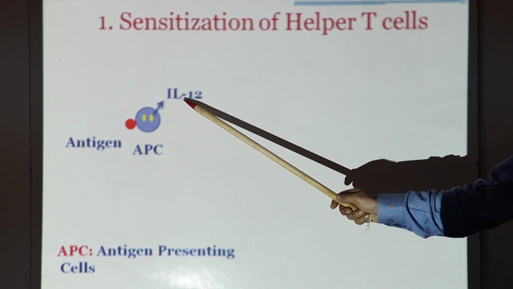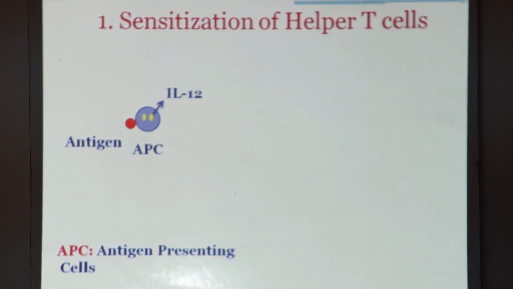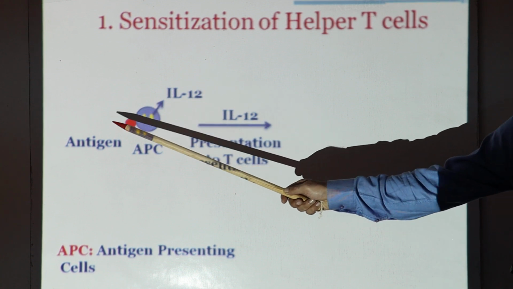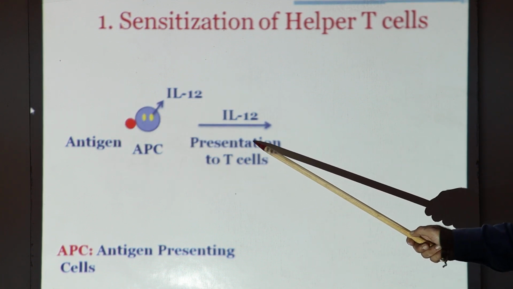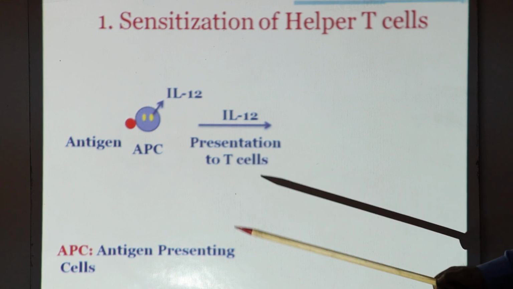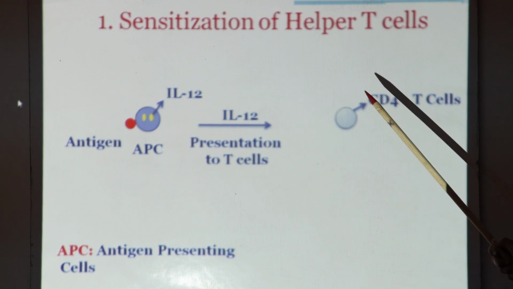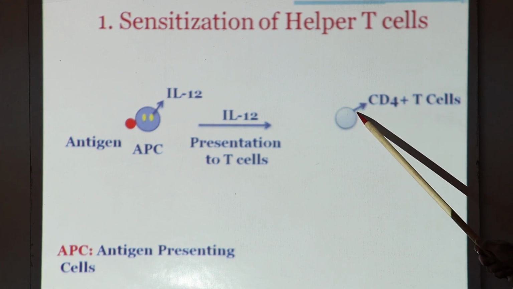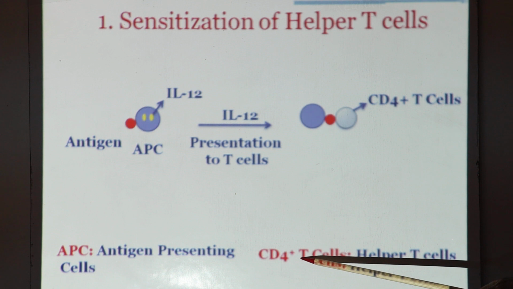This interleukin 12 is very important. In the presence of interleukin 12, this antigen will be presented to T cells, that is CD4 plus T cells. These CD4 T cells are called helper T cells.